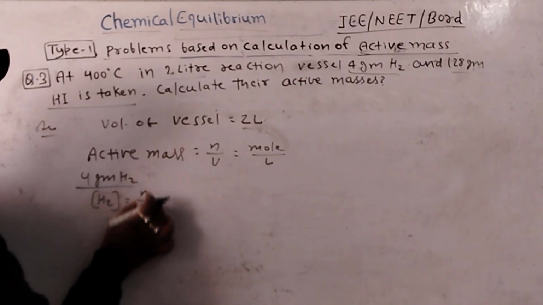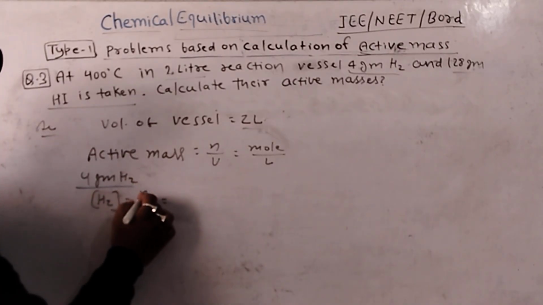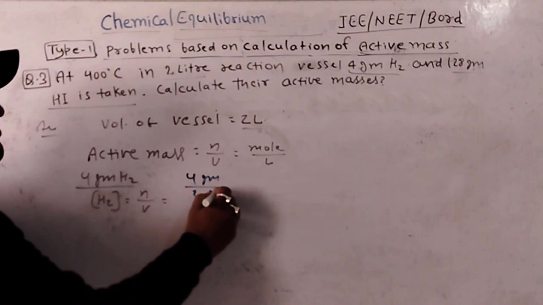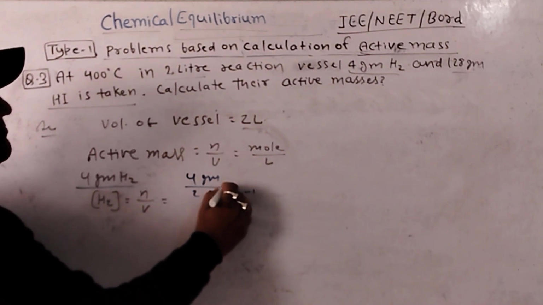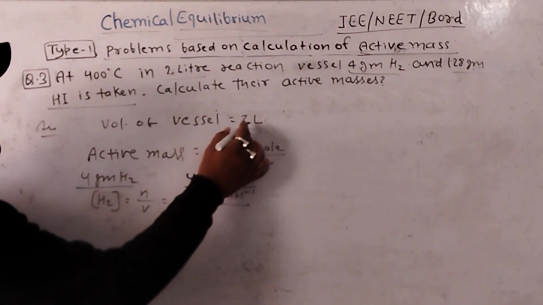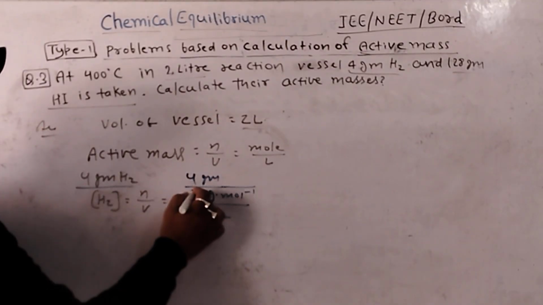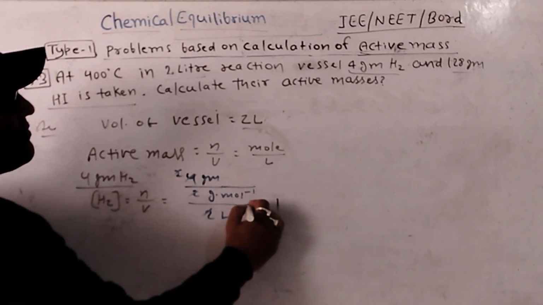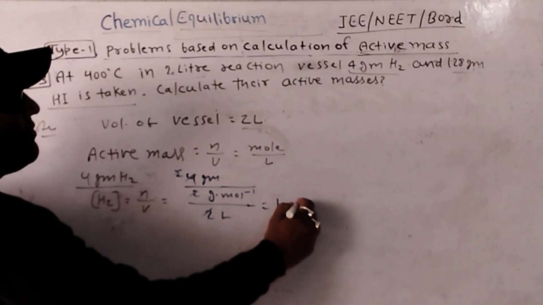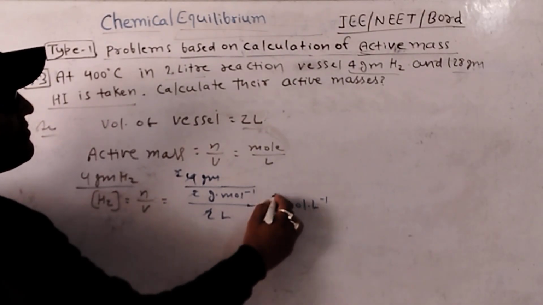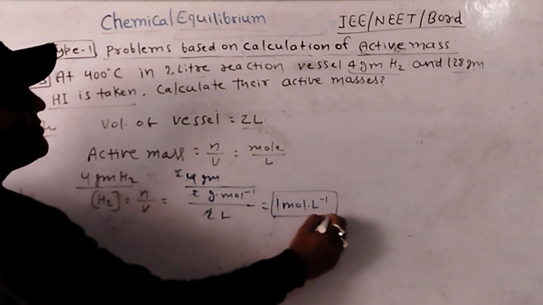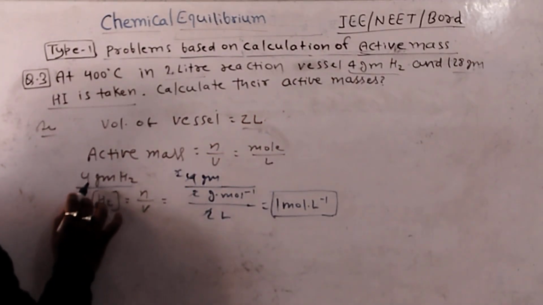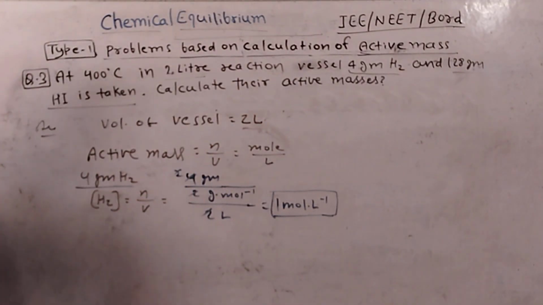Active mass of H2 is equal to n by V. For the calculation of n, 4 gram divided by 2 gram per mole, and divided by 2 liter. So 2 into 2 is 4, and finally 1 mole per liter is the active mass of 4 gram of H2. You can take a screenshot.